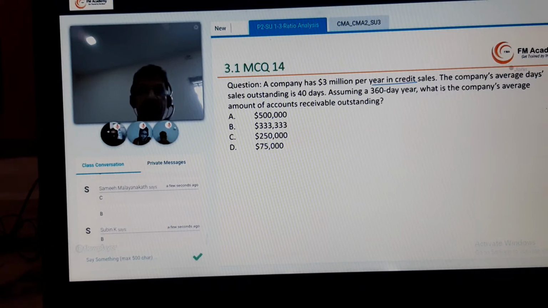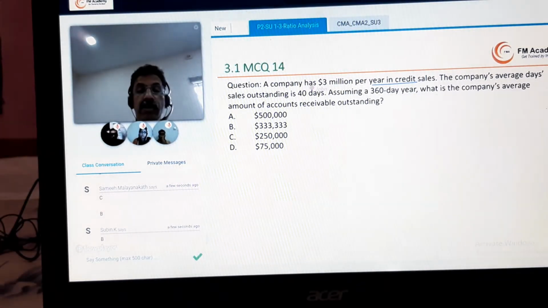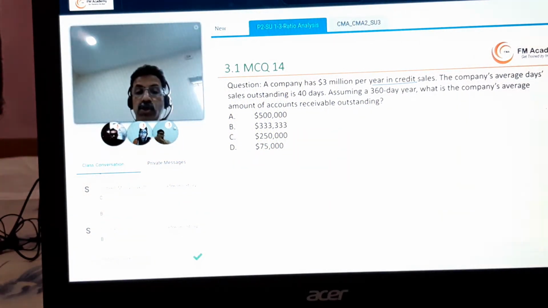The company's average days sales outstanding is 40 days. So the company has got 3 million in credit sales and average days sales outstanding is 40 days. Average days sales outstanding is equal to 365, no, you are saying 360, divided by account receivable turnover, right?